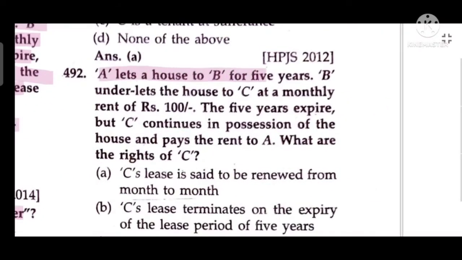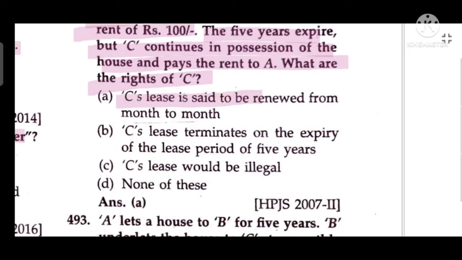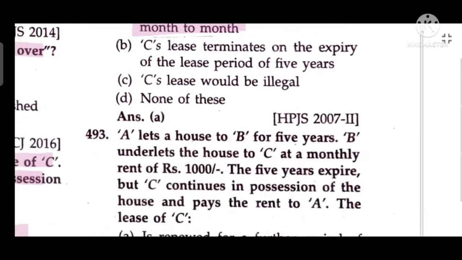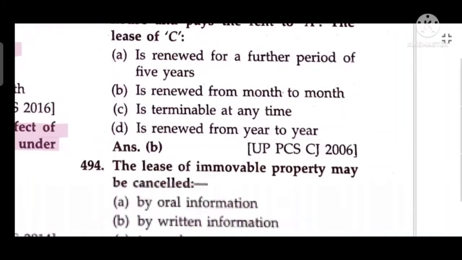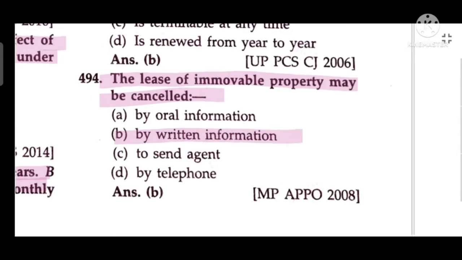What is the right of C? C's lease is said to be renewed from month to month. The lease of immovable property may be cancelled by written information.